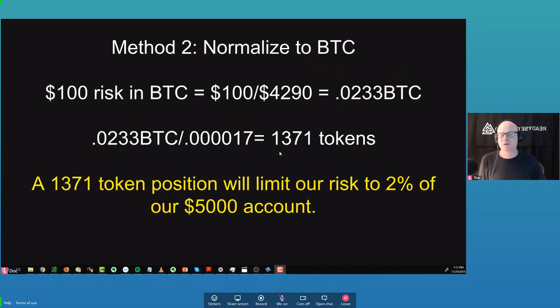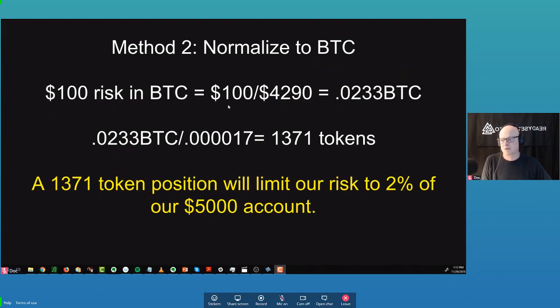Method number 2 is we can normalize everything to BTC. This is probably how we should be doing it. We should be thinking in terms of the reference currency that we're going to be trading in. Since my reference account is in US dollars, I'm going to immediately convert that over to BTC. So $100 of risk in BTC at today's prices.